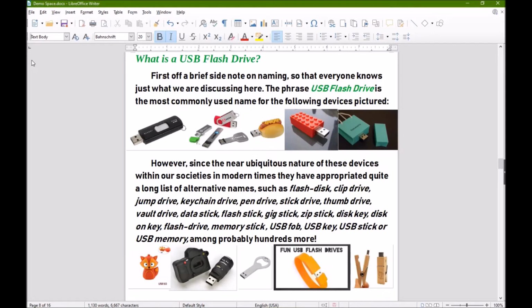First off, a brief side note on naming, so that everyone knows just what we are discussing here. The phrase USB flash drive is the most commonly used name for the following devices pictured.